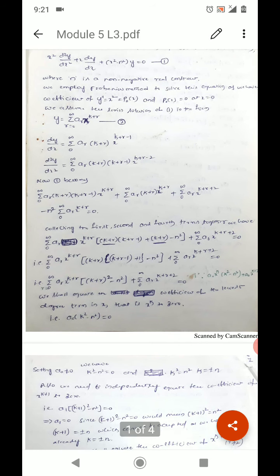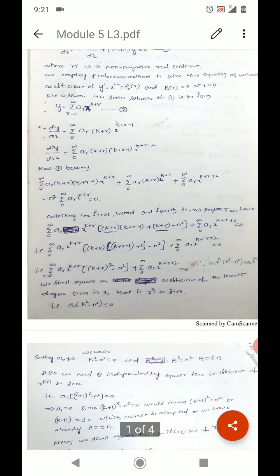So again differentiating this, we obtain d square y by dx square, which is equal to summation of ar, again differentiation of x power k plus r minus 1, here already we have k plus r, so k plus r into k plus r minus 1 into x power k plus r minus 2.